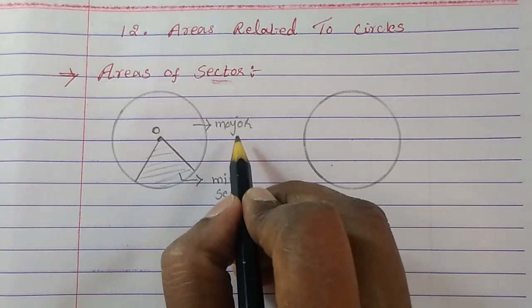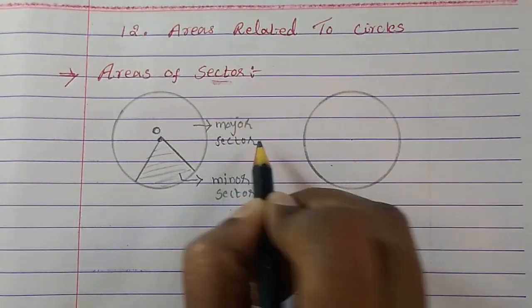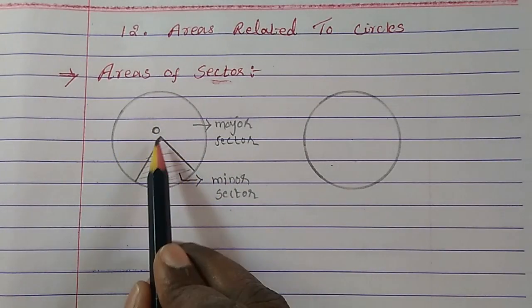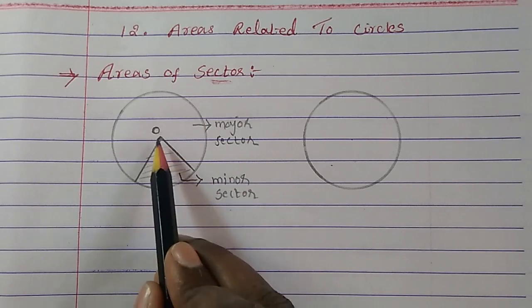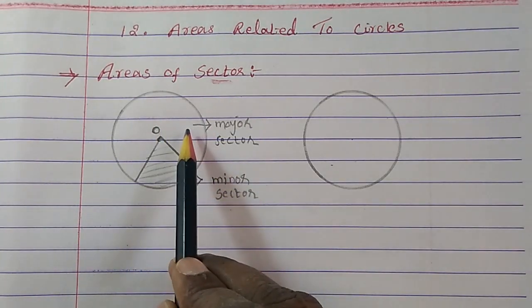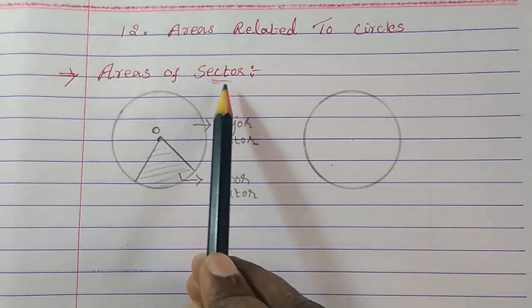Major means bigger, major sector. Okay, so this is major sector and this is minor sector. So this piece, like a pizza piece, of a circle is called minor sector and this is called major sector. So now here we are going to study area of sector.